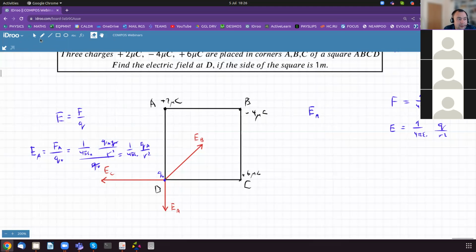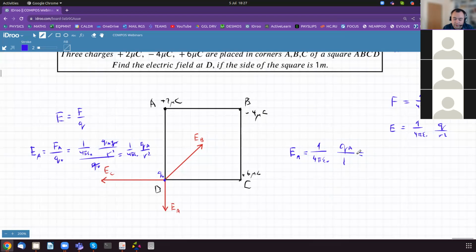So, okay, back to EA. Using that formula, EA is 1 over 4 pi epsilon naught QA divided by the radius, which is 1. And of course, you can find the value because it's all numerical.